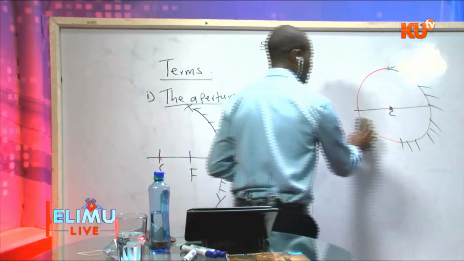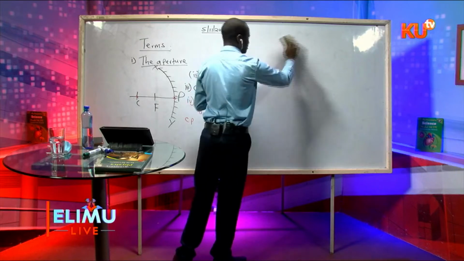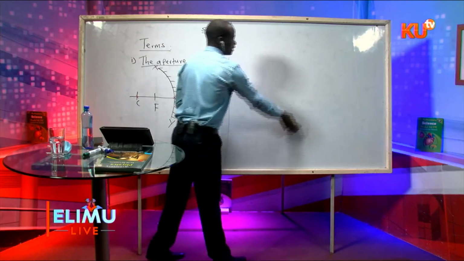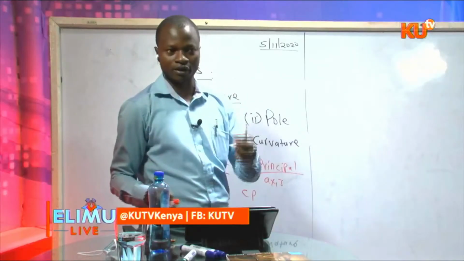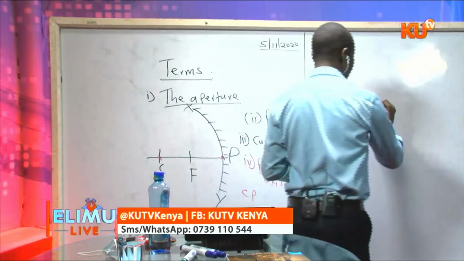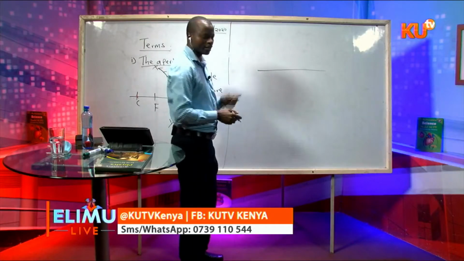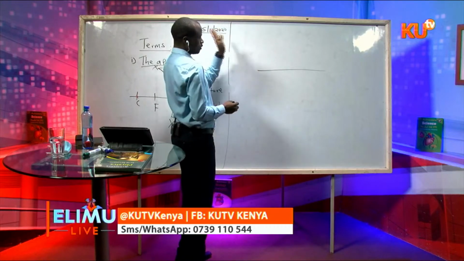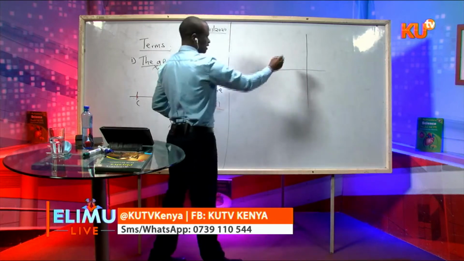When we will be doing ray diagrams, the beginning of all ray diagrams, first of all, you draw the principal axis. Even when we shall be doing graphical analysis and graphical representation, we will always start by drawing the principal axis. Just like in graphs, you must draw the Cartesian plane, the x and y. So we will start always with the principal axis, then we draw, what did we say is this?